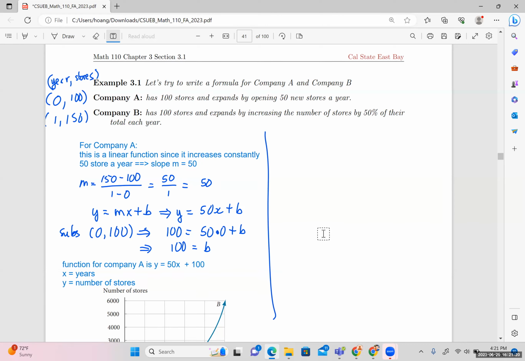Since company B is changing by a rate, so for company B, it is increased not constantly.